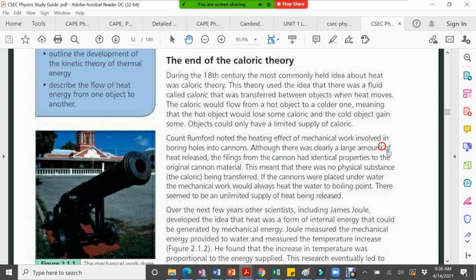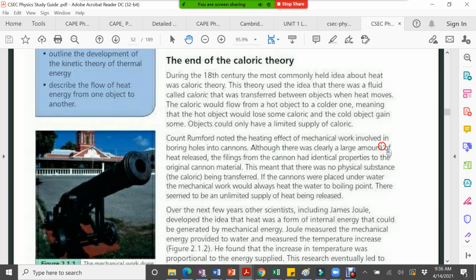Now, Count Rumford noted the heating effect of mechanical work involved in boring holes in cannons. Although there was clearly a large amount of heat released, the filings from the cannon had identical properties to the original cannon material.